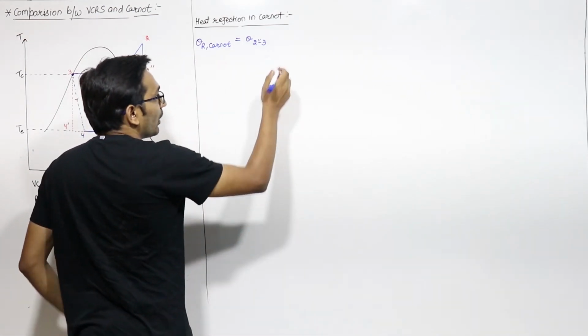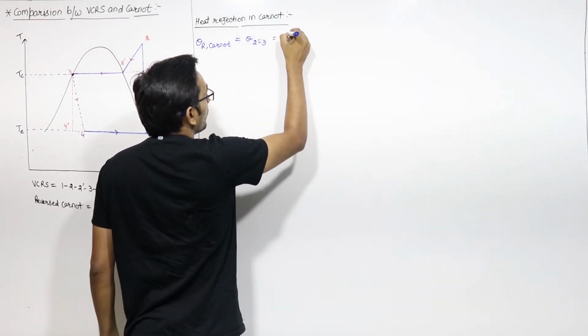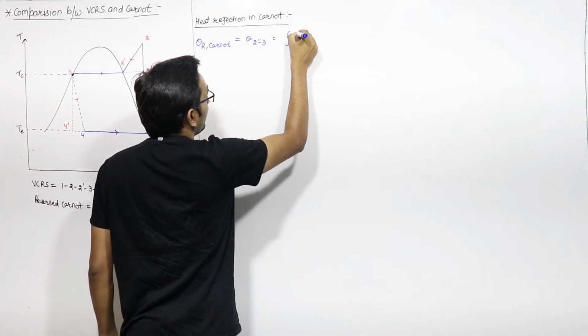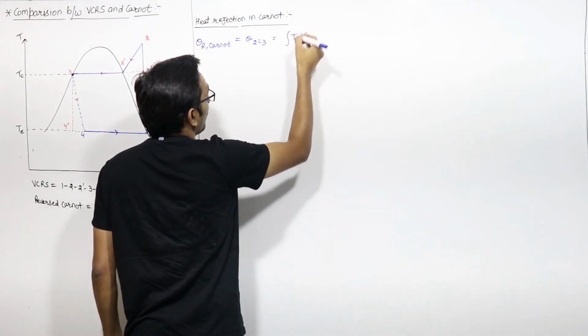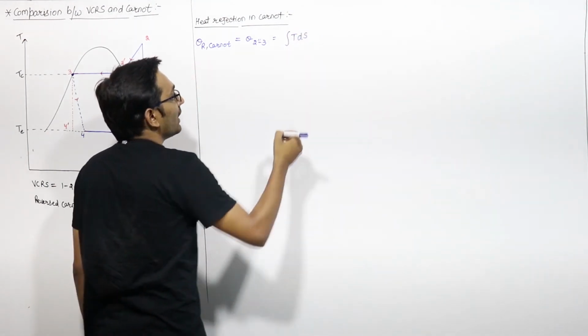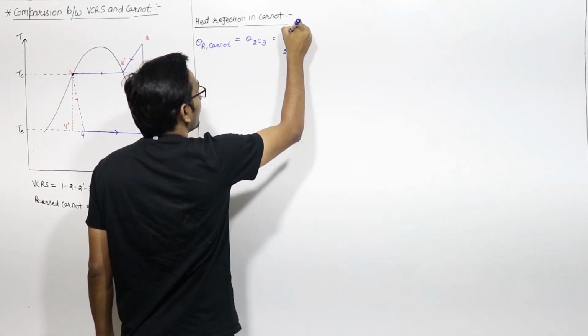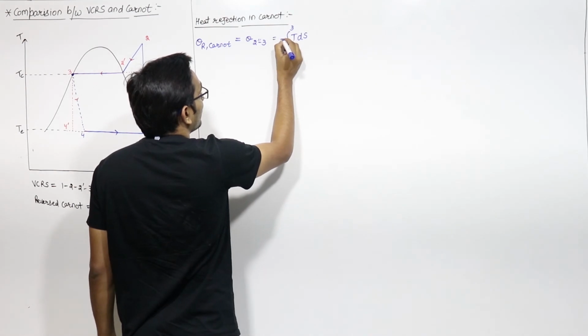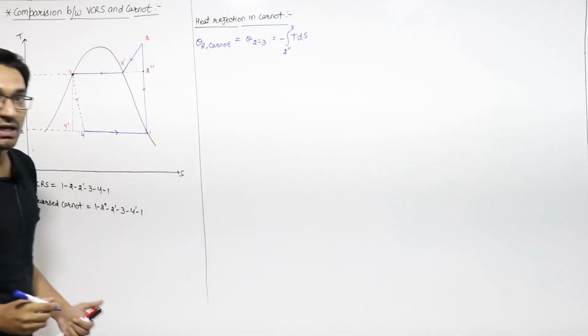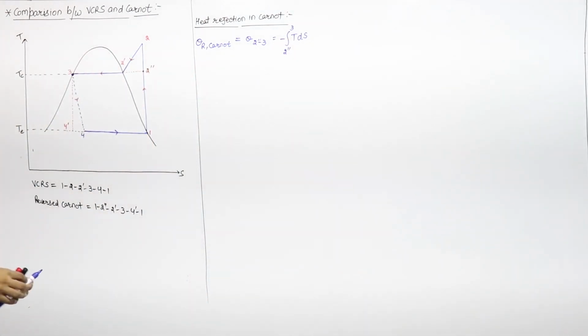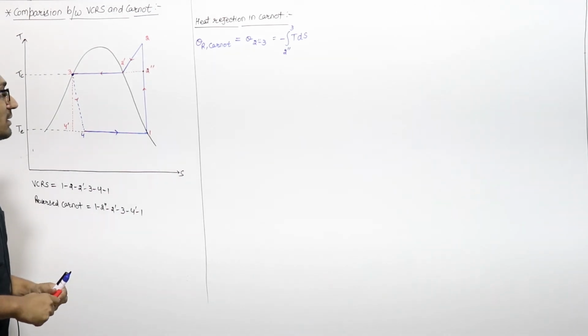So this will be equal to the integration of TdS, because it is a reversible process from 2 double dash to 3, and there is a minus sign here. Why minus? Because this is heat rejection, and heat rejection from the system is always taken as negative.